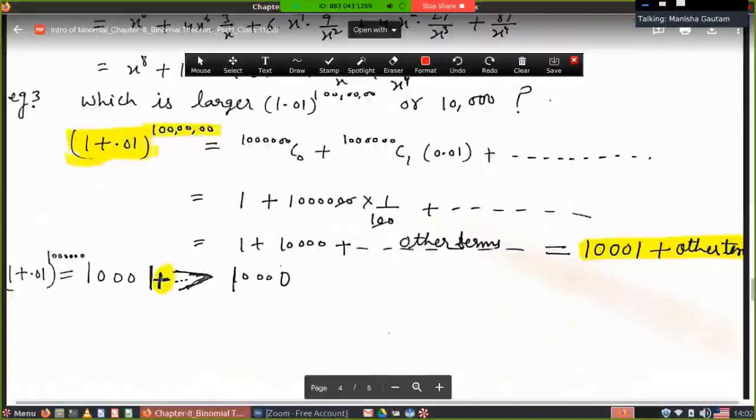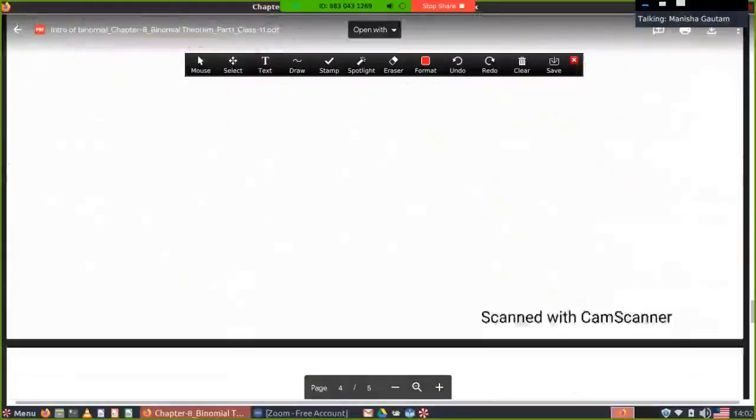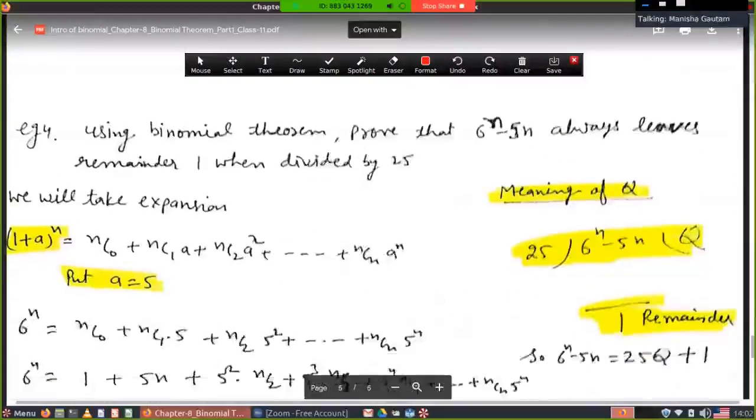So you can compare 10,001 plus more, which will be greater than 10,000. It means the expansion of 1.01 to the power 10 lakh is greater than 10,000, because the sum of all these terms will be equal to 10,001 plus more. Okay. Now next one is example number 4.